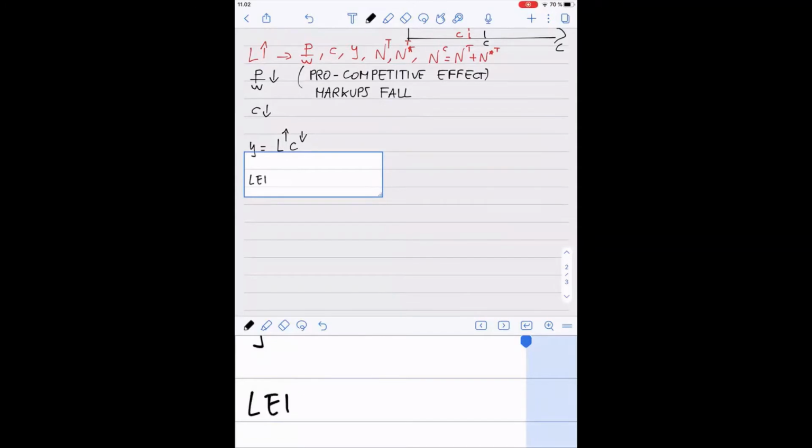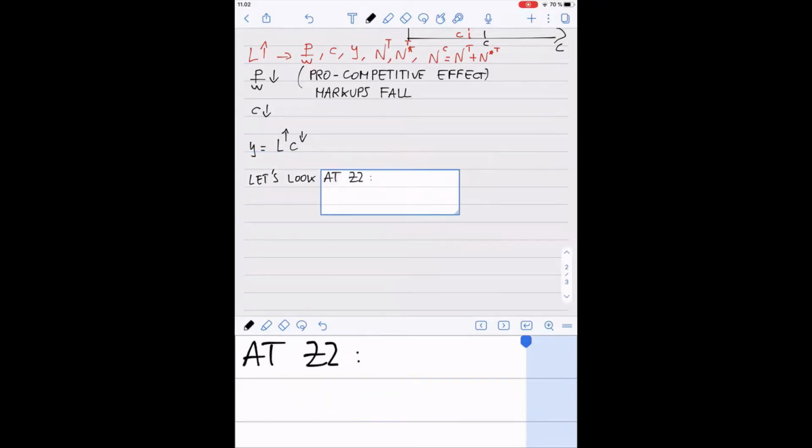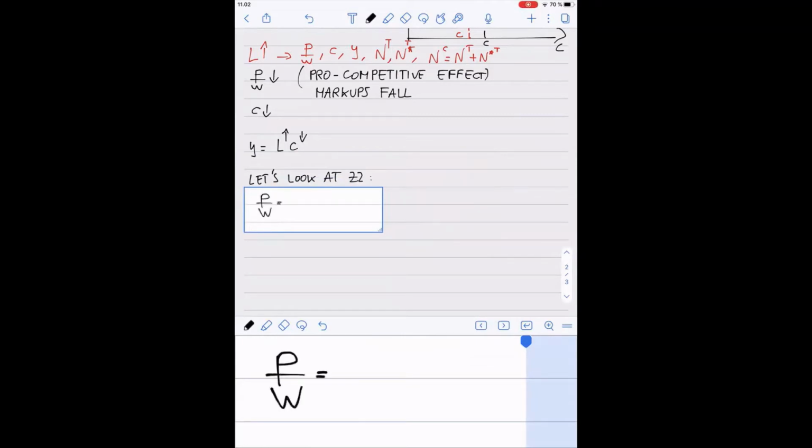let's look at the zero profit condition. So the zero profit condition tells us that P over W equals beta plus alpha over Y. So if P over W is declining, that means that the right-hand side is also declining, which means that output Y is increasing.